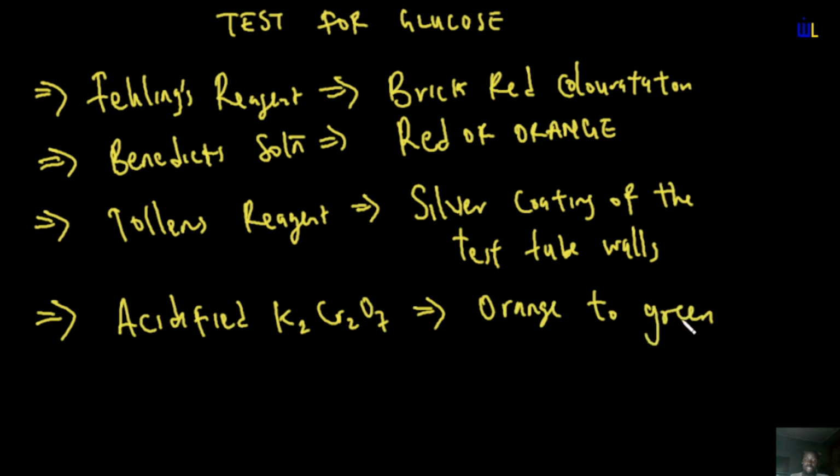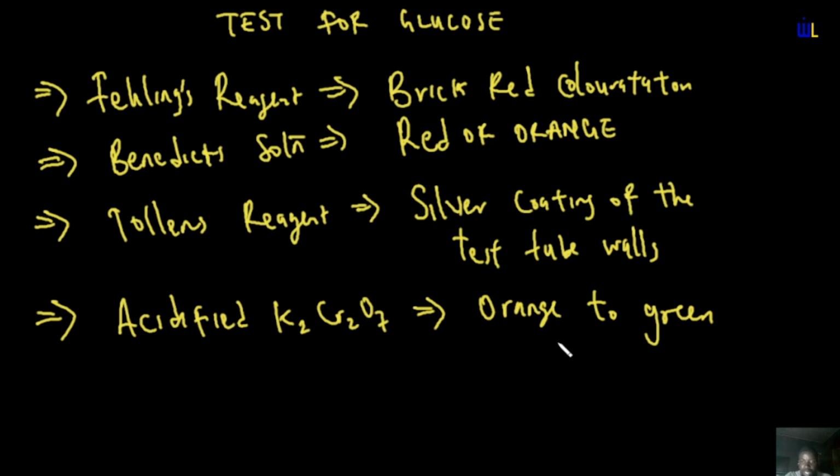So have that in mind: glucose with Fehling's reagent gives brick red; Benedict's solution, red or orange; Tollens reagent, silver coating of the test tube walls; and acidified K2Cr2O7, which is your potassium dichromate, gives a color change from orange to green. And these are the tests for glucose.